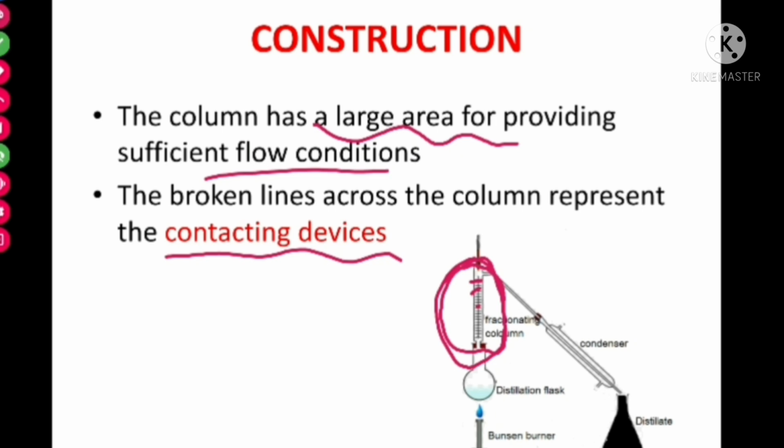The ascending vapor touches the contacting devices, where the high boiling fraction condenses first and returns back to the still. For that purpose we are using contacting devices.